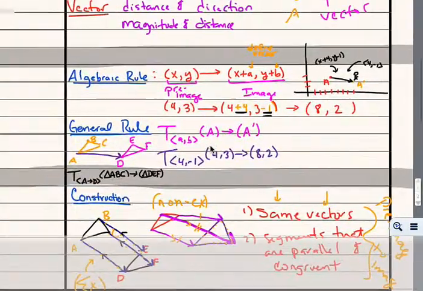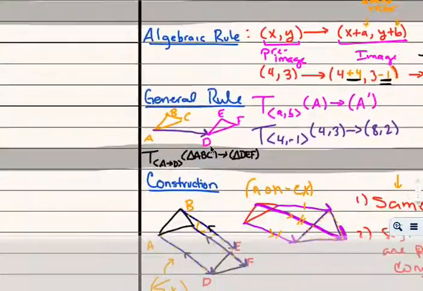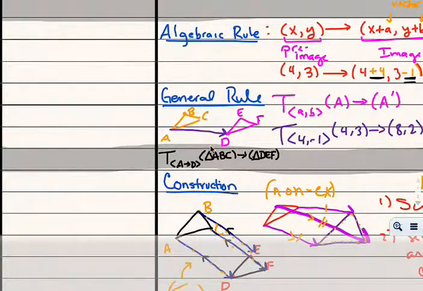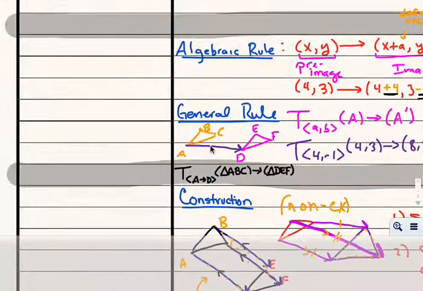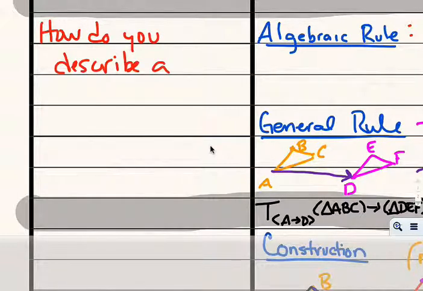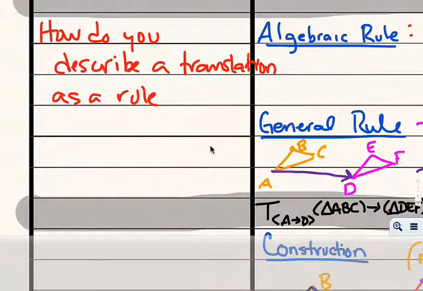Okay? So if we're going to fill in some questions here on the side to kind of help guide our notes, well, over here we're talking about the rules of how you represent or describe a translation, so we can record that as a question. Okay, so we have two different versions of that.